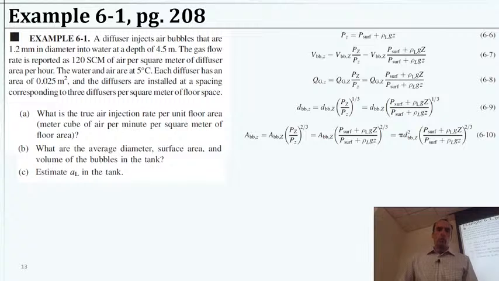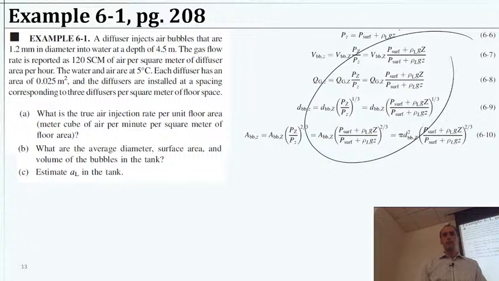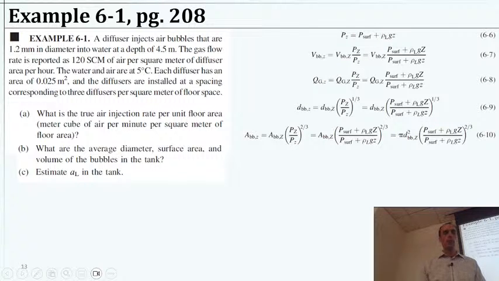Okay, so first thing I would do is draw some sort of a little diagram so I understand what the heck this is talking about. Right, that's what I like to do. And then for A, once we do that, we're just segmenting off 1 square meter, and we were given something in square meters, and so we'll take a look at that. I'm going to flip backwards for a moment so that we can identify which of these equations were relating the surface area and volume for the bubbles.